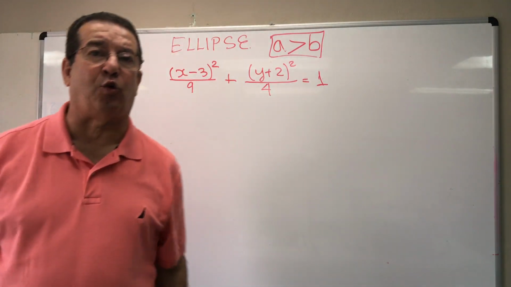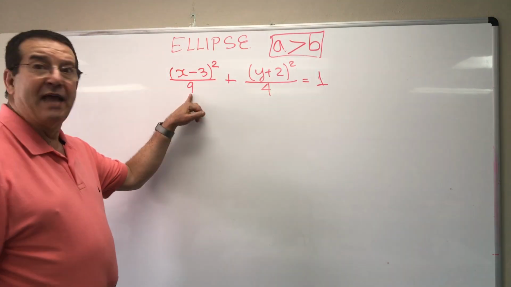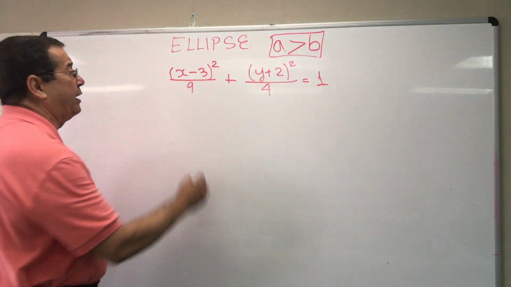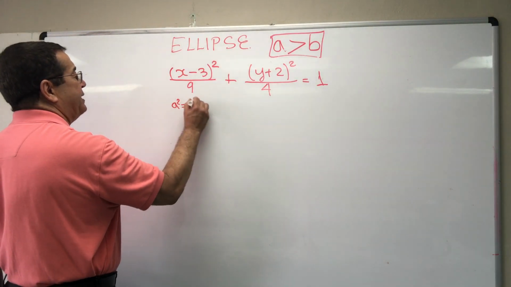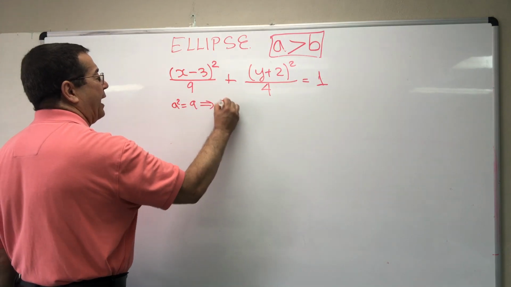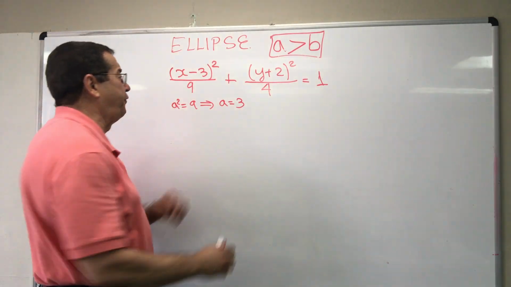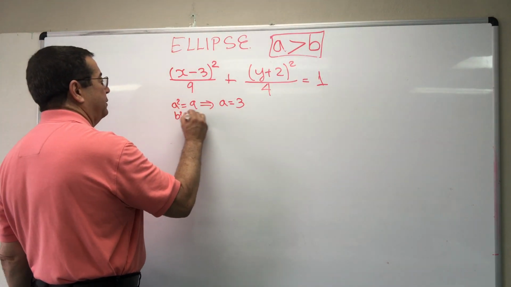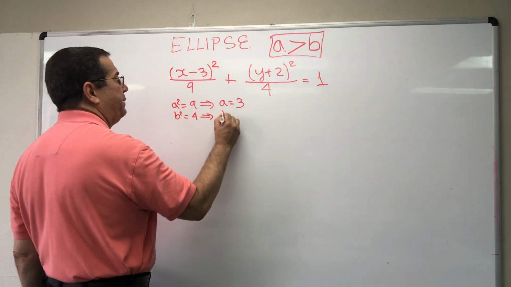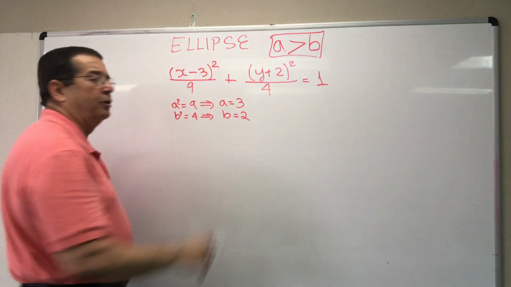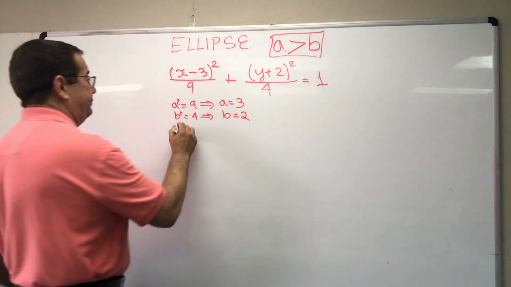Identify what is a squared. A squared is 9. Yes, a squared is 9. Then a is 3. b squared is 4. Then b is 2.